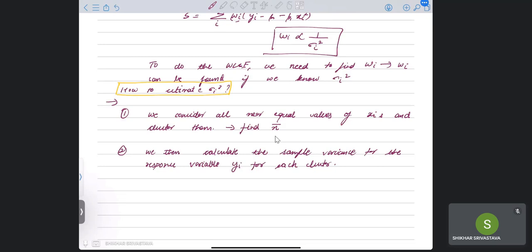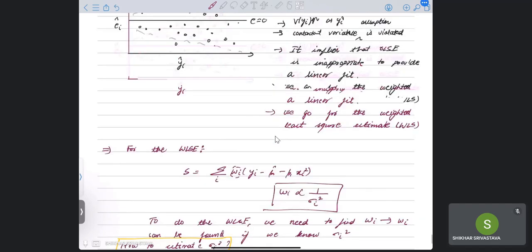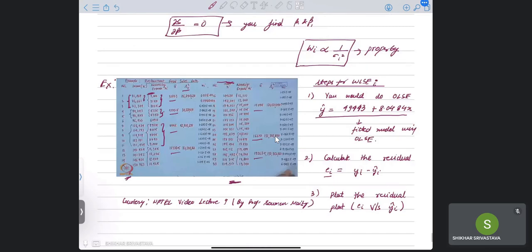This sample variance is given by sy square, which is 1 upon n minus 1 times the summation from i equal to 1 to n of yi minus y bar whole square. For example, for these three values, you calculate y bar, then take yi minus y bar, square it, and divide by n minus 1, that is 2. So you'll get the sample variance sy square. Similarly, you'll calculate the sample variance for each cluster.